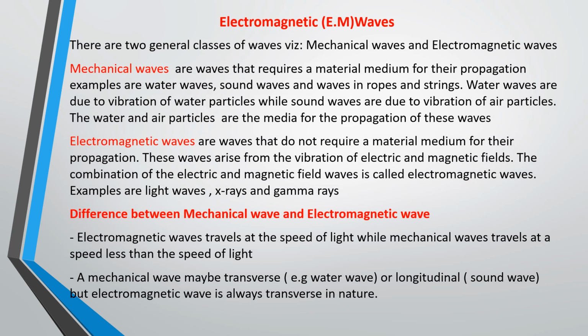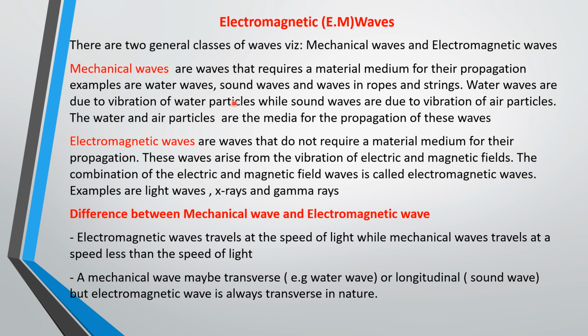Electromagnetic waves, EM waves. So what are EM waves? Remember that in our previous videos or our previous lecture we discussed wave motion, and when we discussed wave motion we talked about two types of waves generally, and that is mechanical waves and electromagnetic waves. And in that particular video we said that mechanical waves are waves that require material medium for their propagation, and we listed some examples.